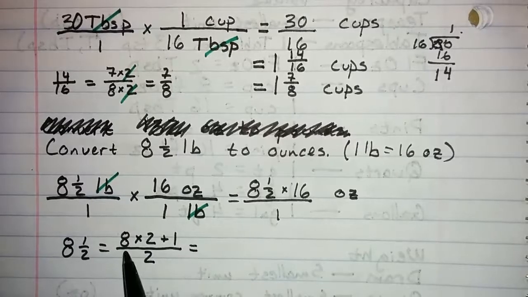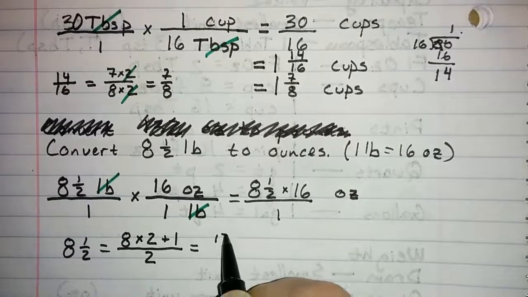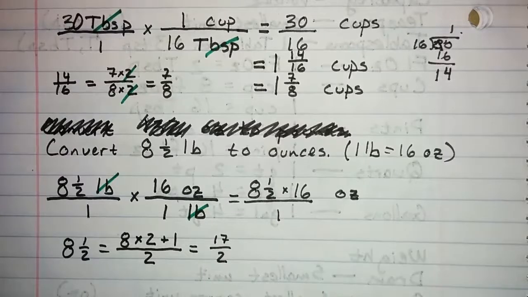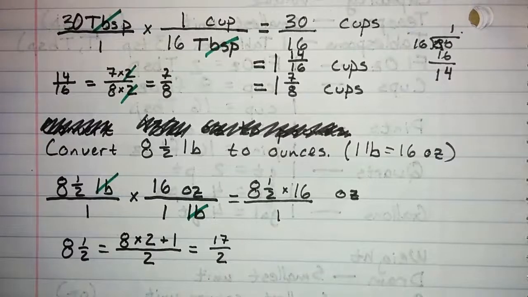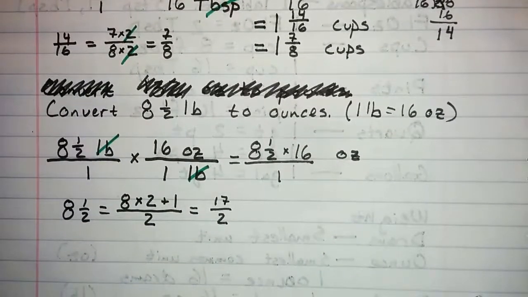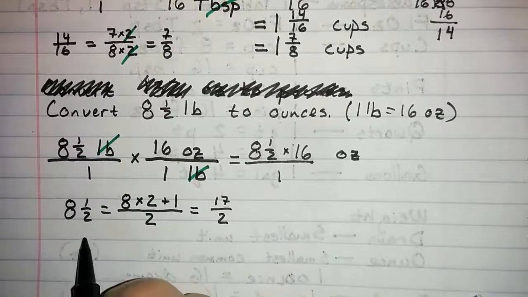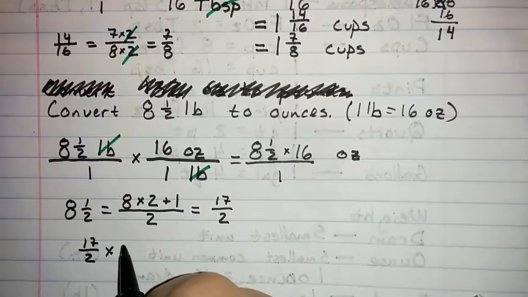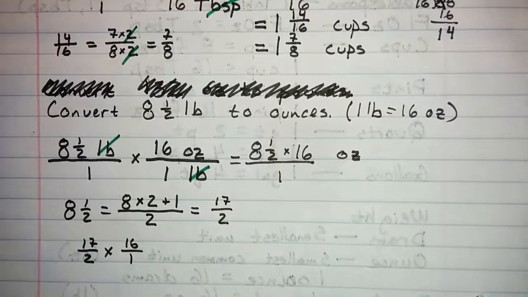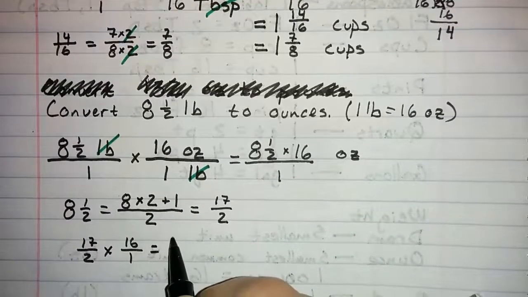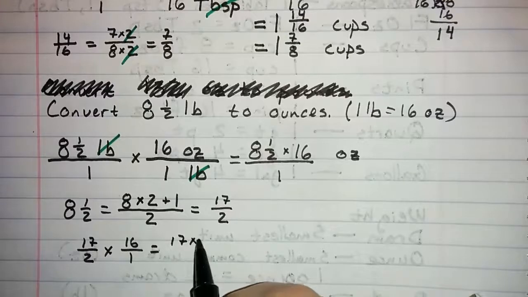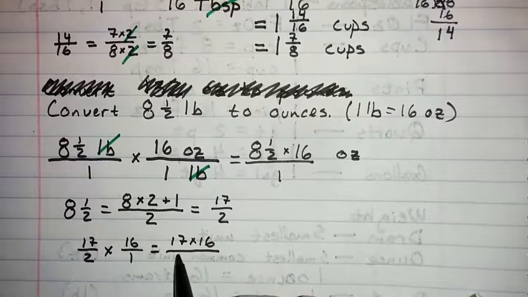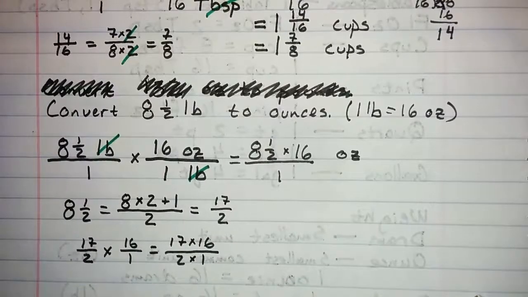I have 17 halves. So I'm multiplying 17 halves times 16 over 1. That'll be 17 times 16 over 2 times 1.